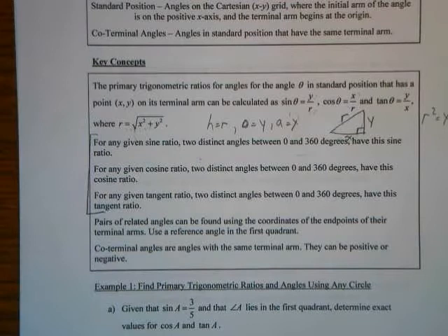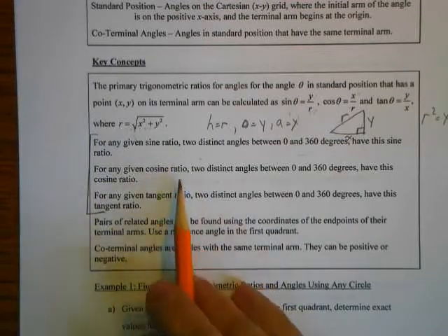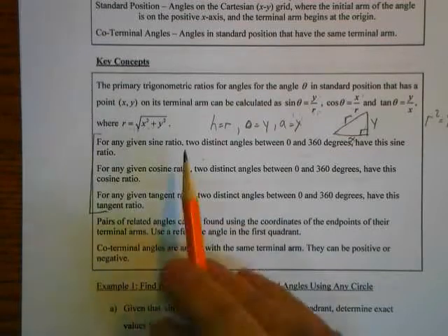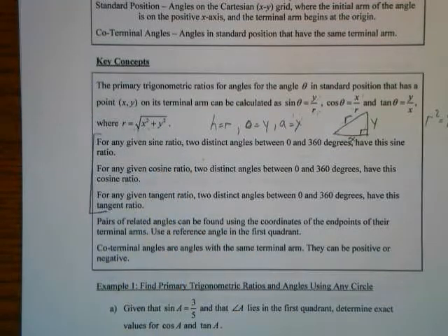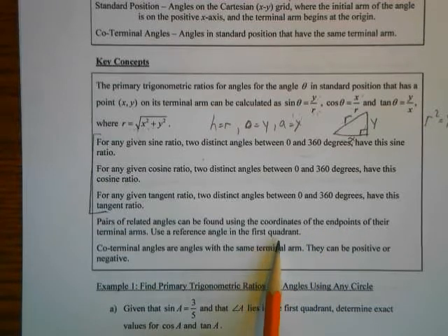So you're going to see if we're not told where this angle might be in terms of which quadrant, there's actually going to be two answers for pretty much all of these equations that they might give us. So we'll talk more about that for sure. We'll get to that in the lesson.